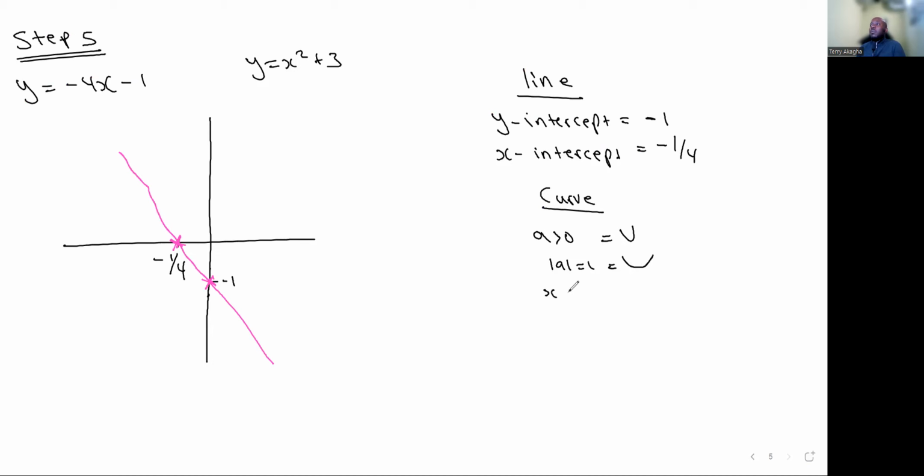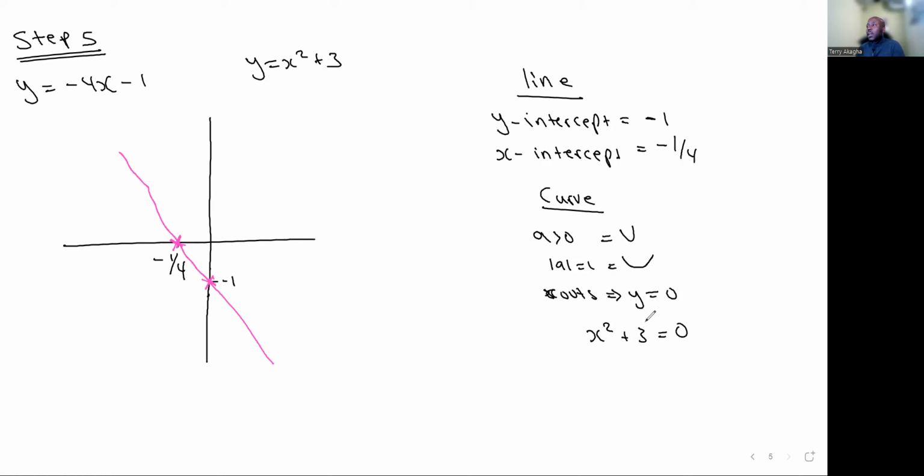The x-intercept or the roots. Let me just solve it to make it easy. At the roots or the x-intercept, y is equal to 0. So it's going to give us x squared plus 3 is equal to 0. Are you seeing it?